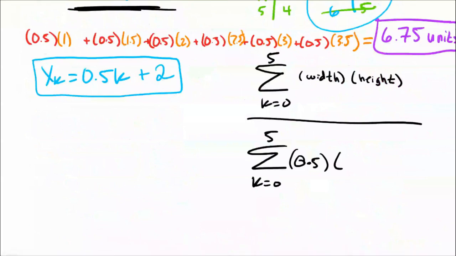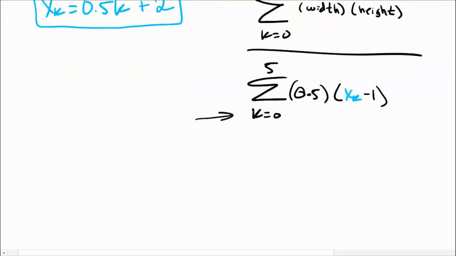The only thing is that I'm really going to use an equation for x instead of just an x value. Because remember, in sigma notation, I'm using k to plug numbers in.